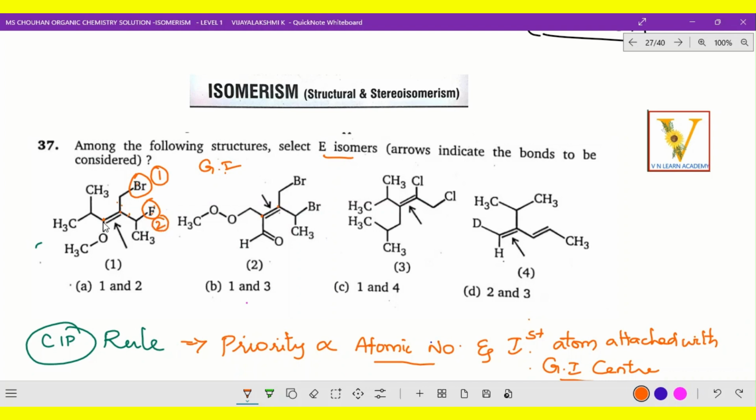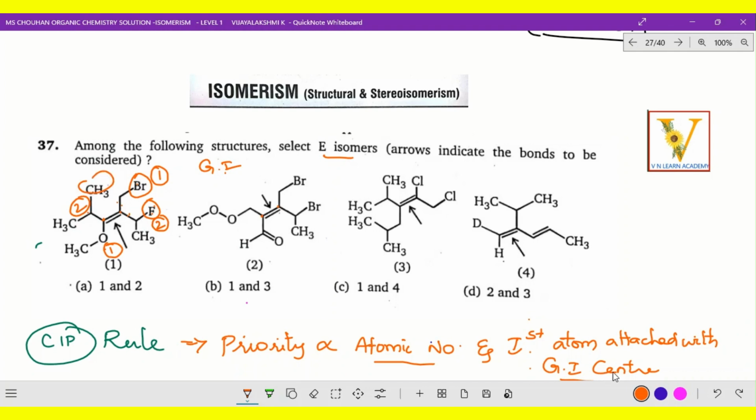Now, this is the second GI. So this is the first GI, the geometrical isomer, and this is the second GI. Here oxygen is attached to the carbon, and oxygen has the higher atomic number, so here you will give the priority, and here you will give the priority too.